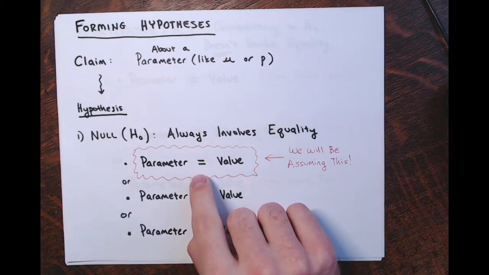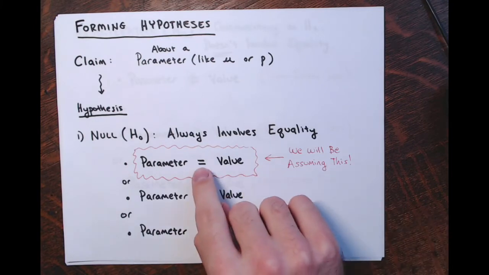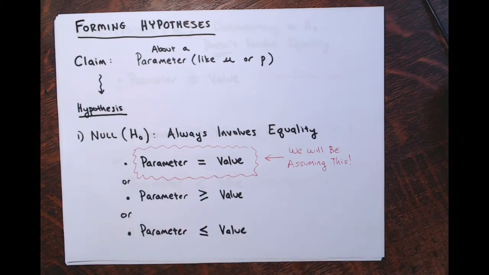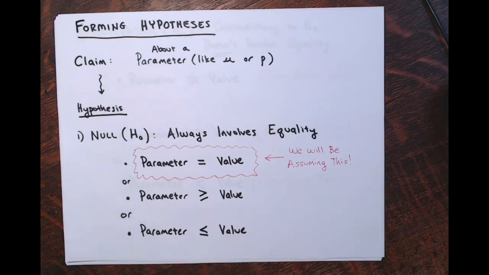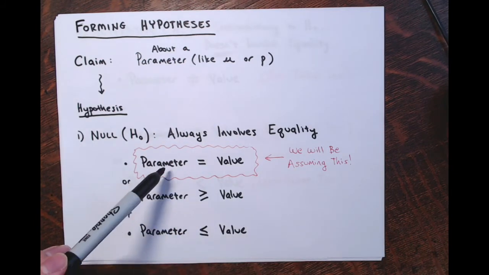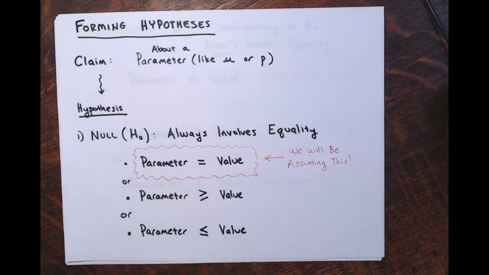I think the reason they're doing that is because when you perform hypothesis tests, which we'll do in future videos, you're going to be assuming the equality. You'll assume that the value of the parameter equals a certain value, and then test that, and see if that assumption is a good assumption or not.